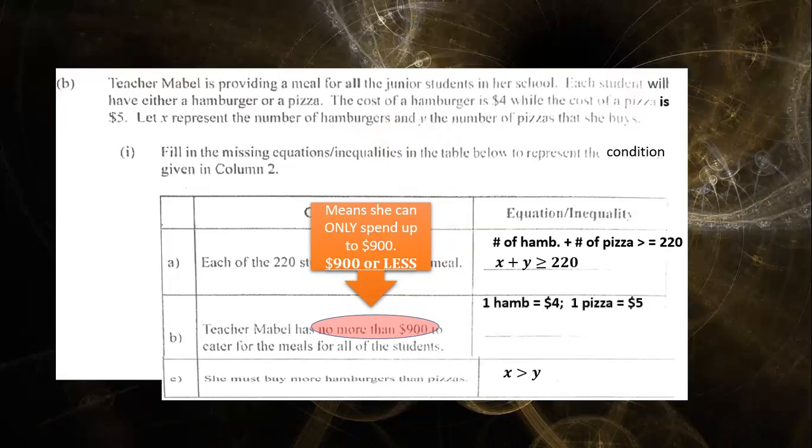So if one hamburger is $4 and one pizza is $5, then the total amount of money is going to be 4X plus 5Y. It should be maximally $900, or we can represent it as 4X plus 5Y is less than or equal to $900.